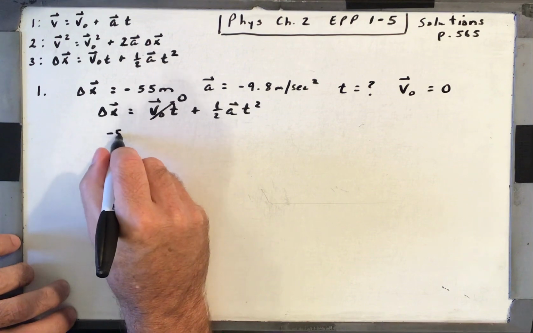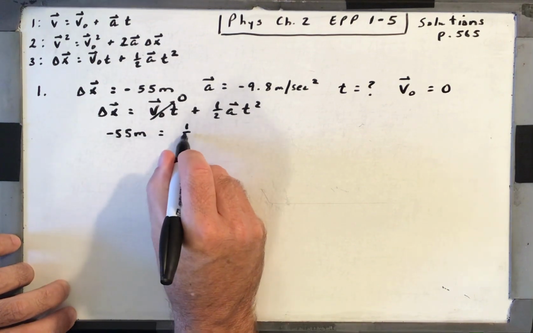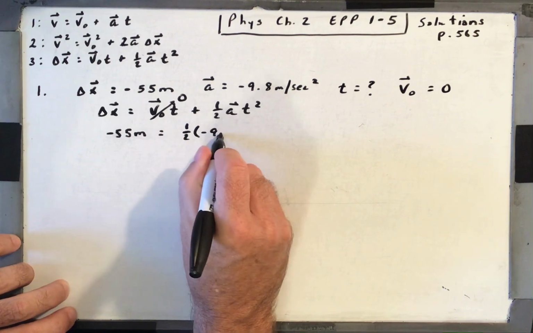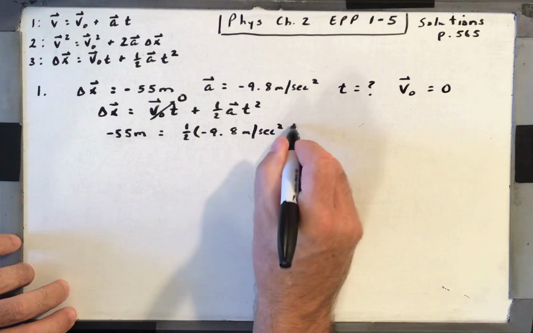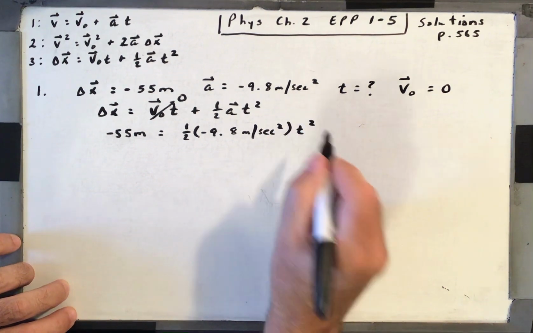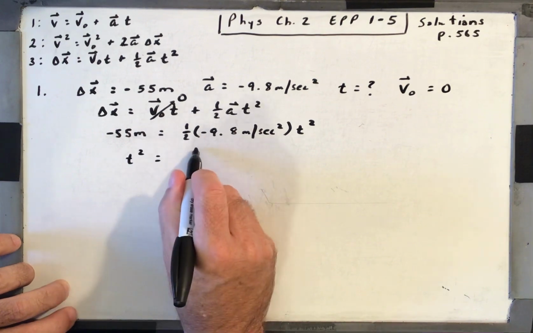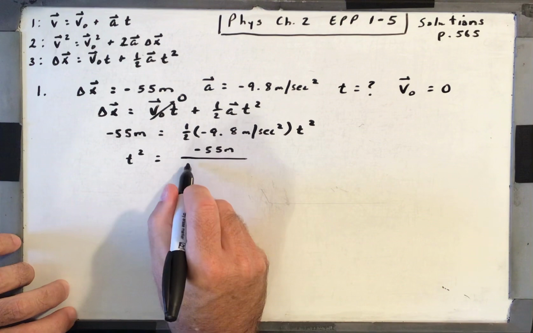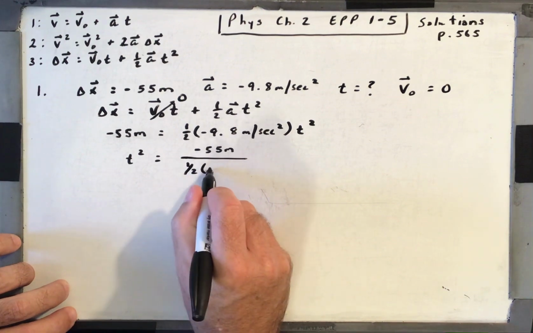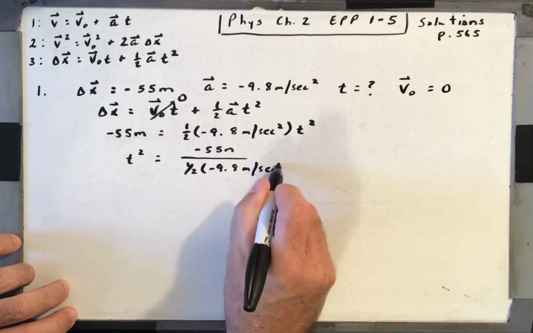This will be 0 since initial velocity is 0. So I'd have negative 55 meters is equal to 1/2 times negative 9.8 meters per second squared times time squared. So time squared is going to be negative 55 meters divided by 1/2 times negative 9.8 meters per second squared.